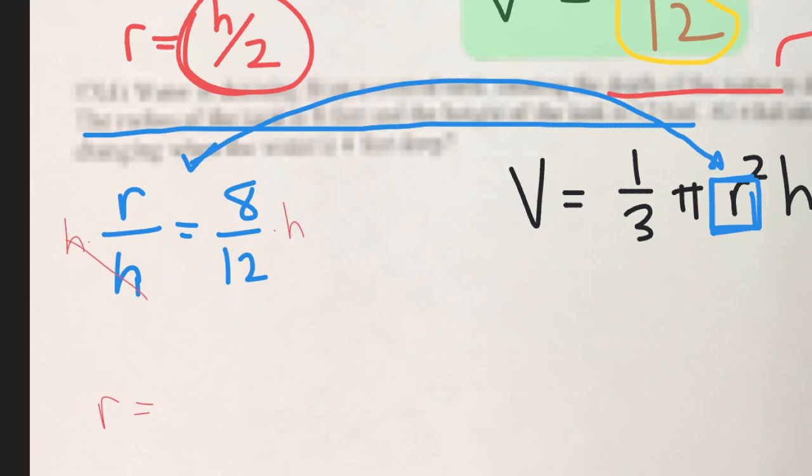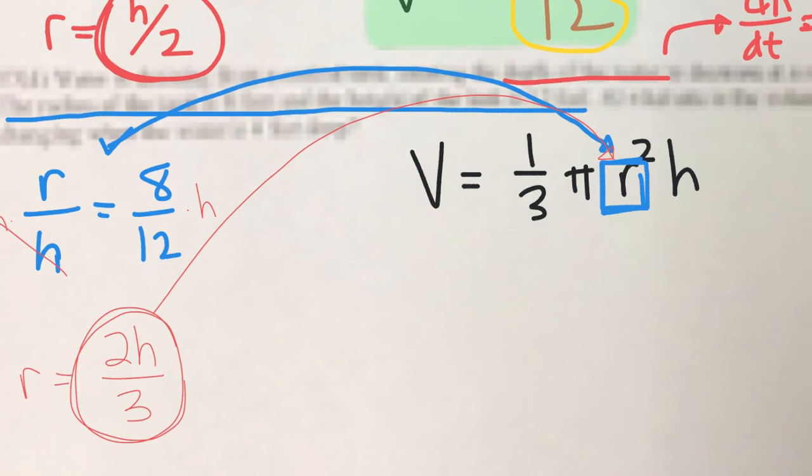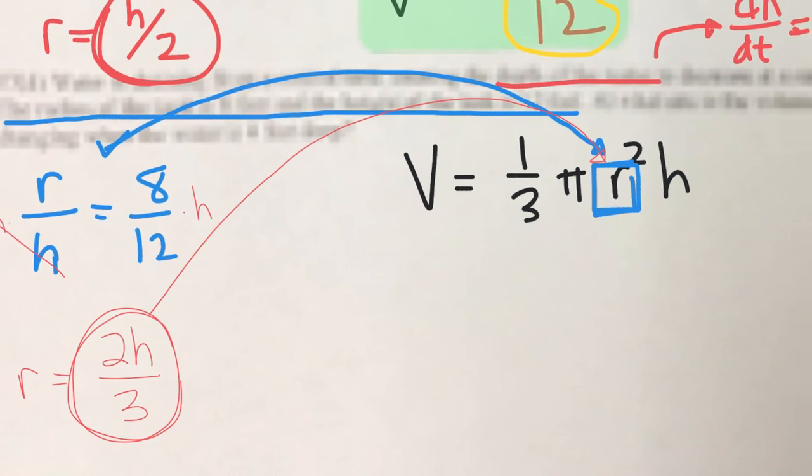And what does 8 over 12 reduce to? 2/3, so 2h over 3. This is what's going to go in here. We use our proportion in order to find how big that radius comparison is.